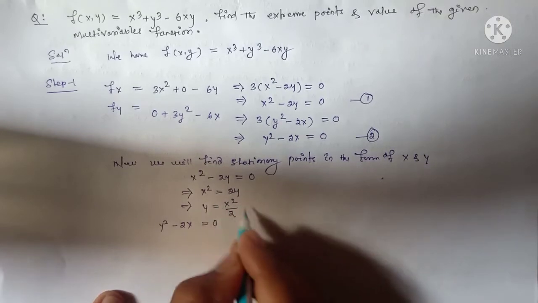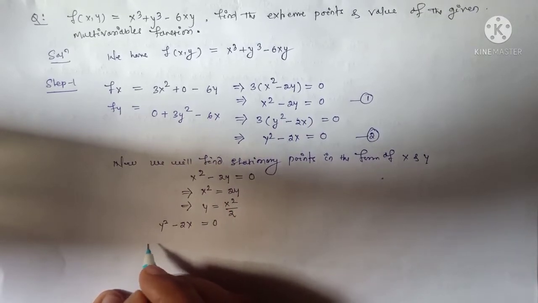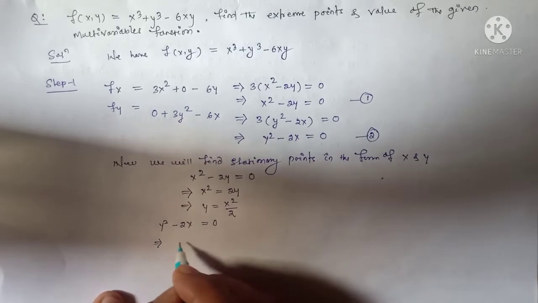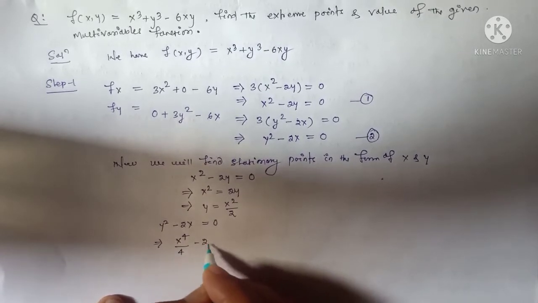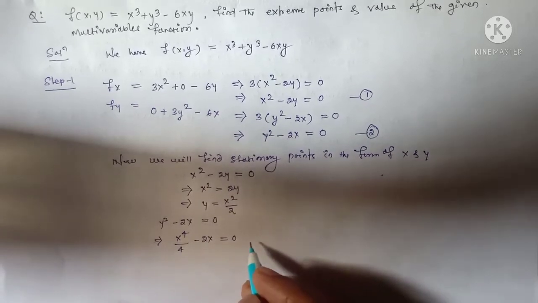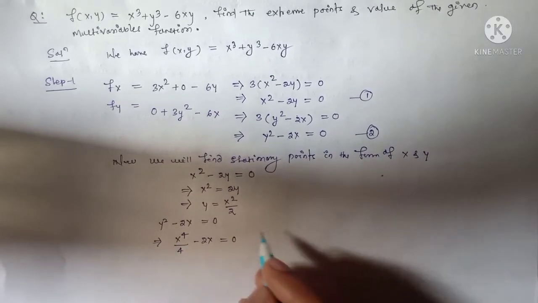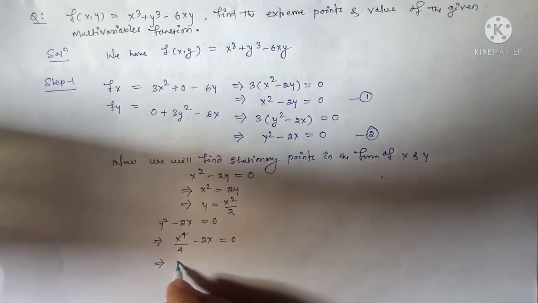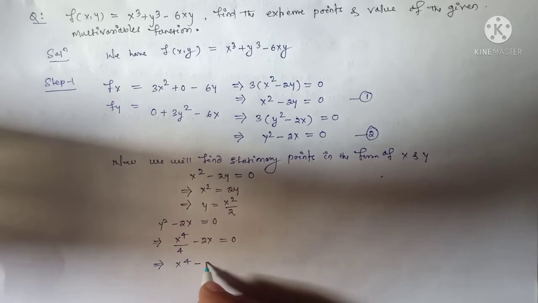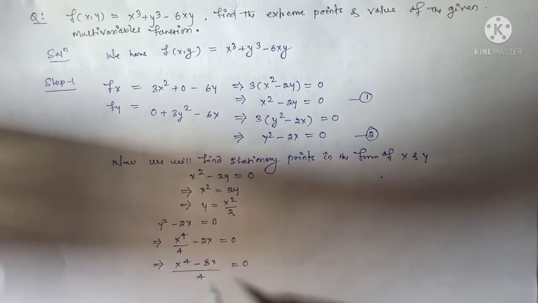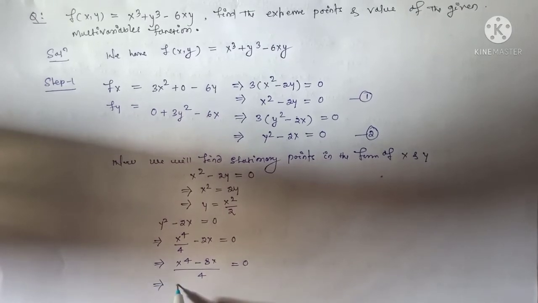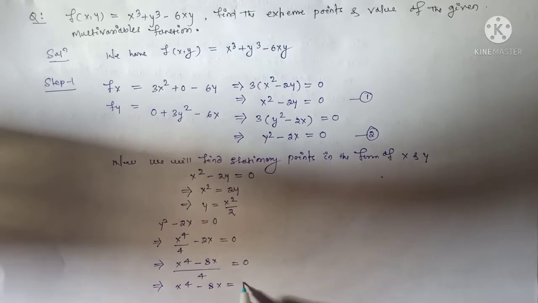So putting this value, we will get x fourth by 4 minus 2x is equal to 0. Now solving this, we can write x fourth minus 8x is equal to 0.